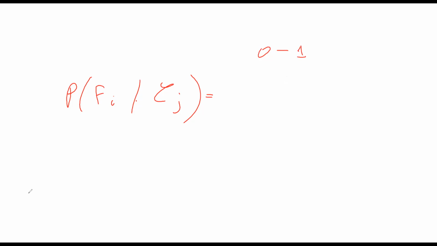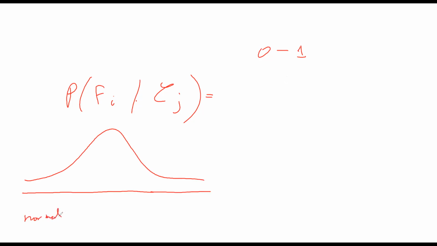So as you probably know from your statistics class, the intuition is the Gaussian, or the normal distribution. The normal distribution says that usually events in the world have a mean. Temperature has a mean, right?